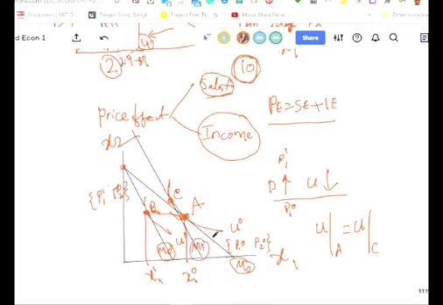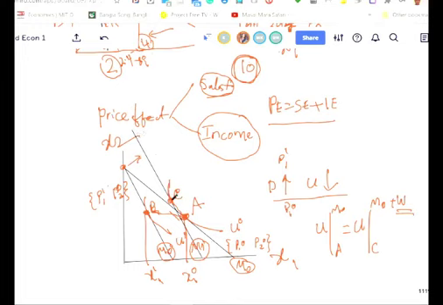What is the M1 budget? Originally, I was consuming A when my budget was M0. I'm consuming C when my budget has been compensated. Government has given me some amount of money. Let's say this amount of money is called W. Because government has given me some amount of money, my budget line has shifted up because I have extra money.